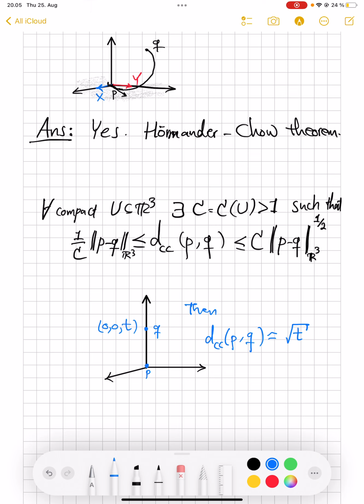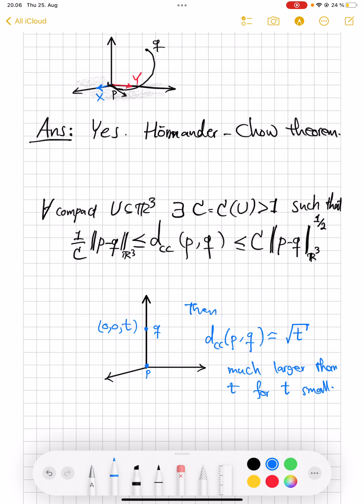And this is much larger than just t for t small, because if you divide them, you get 1 over root t, which goes to infinity.